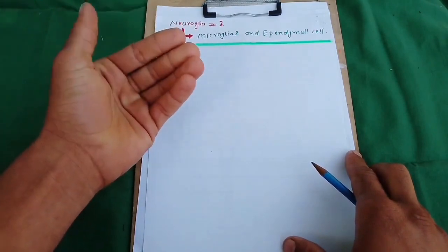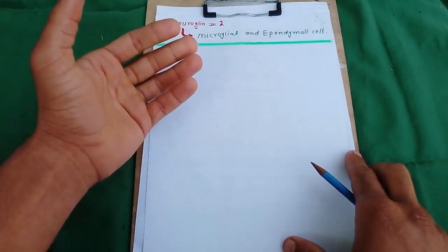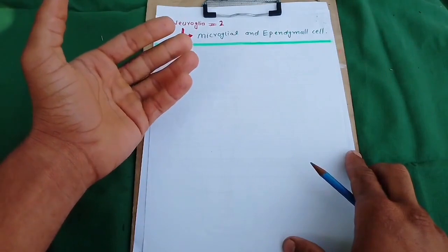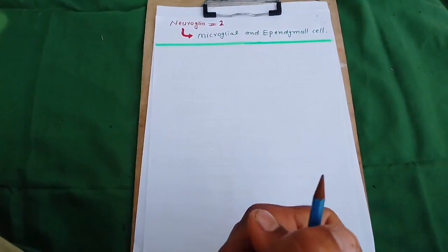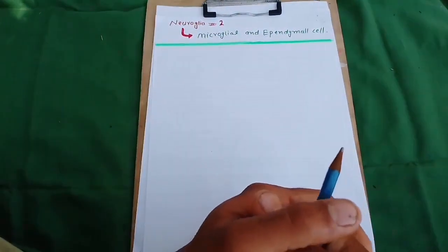I have already explained what is neuroglia, what is neuron, what is the difference between neuron and neuroglia, and what are the types of the neuroglia.